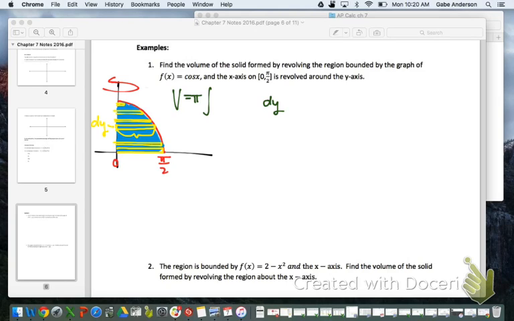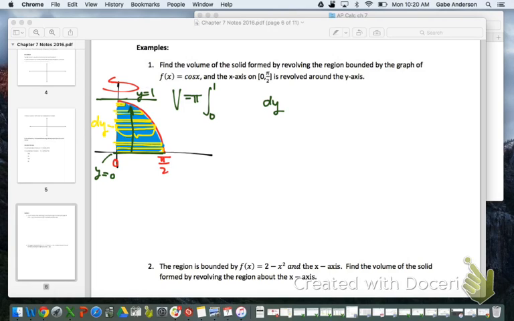That's where I'm going to stop. So the lowest level is down here, and of course, in terms of y, this is y equals 0. So my lower limit of integration is going to be 0. I'm going to accumulate from bottom to top, and so I'm going to stop right there. In terms of y, that value is y equals 1. So my limits of integration are going to be from 0 to 1.